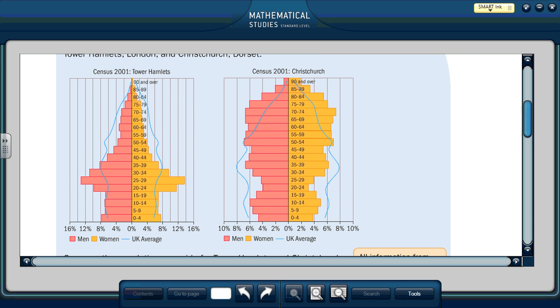So looking at these two, it's kind of interesting because they both look like they start off about the same at 0 to 4, and then the census on the right seems to grow and then shrink suddenly at 24, whereas the tower over here seems to kind of keep growing, with the largest amount being at that 25 to 29 age group. And largest over here seems to happen kind of later on, 35 to 39, and then 50 to 54, and then that 65 to 74 group.